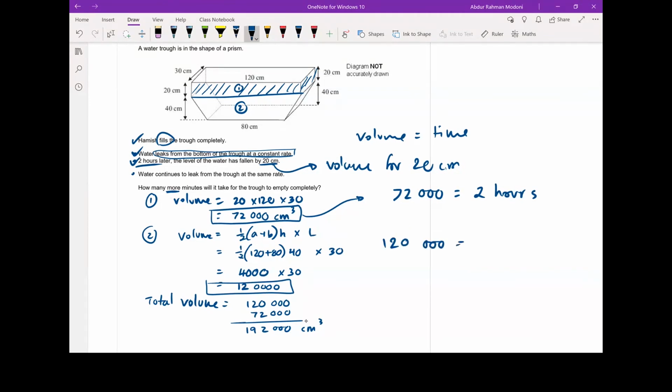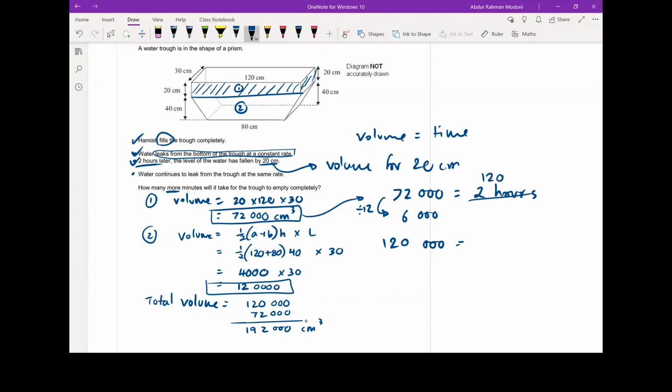Leave a bit of space here. What I'm going to do is try and figure out, is there a number that goes into both 72 and 120? The number that goes into both of them is 6. 6 goes into both of them. So I'm going to work out what it is for 6,000. Now, to get to 6,000 from 72,000, that's the case of dividing by 12. So if I divided both of them by 12. Now, notice here I've got 2 hours. So instead of working in hours, I might just write that down in minutes.